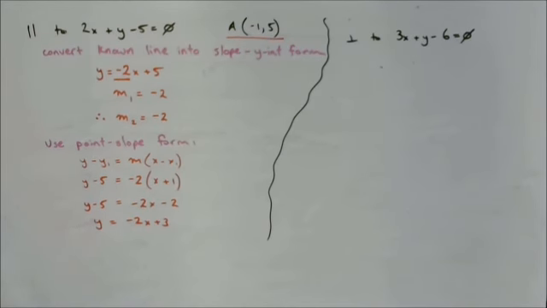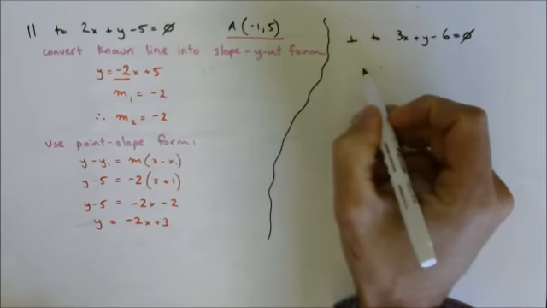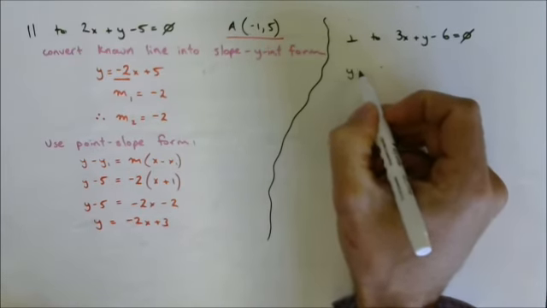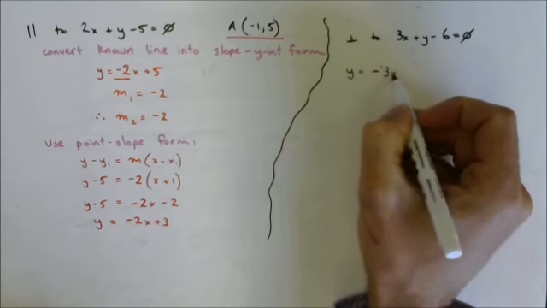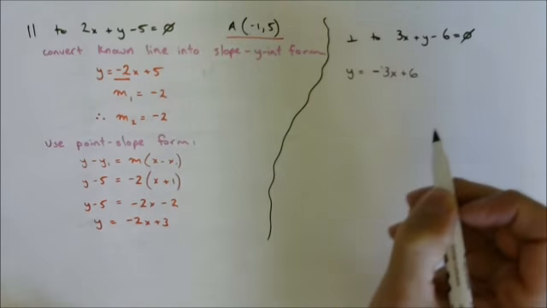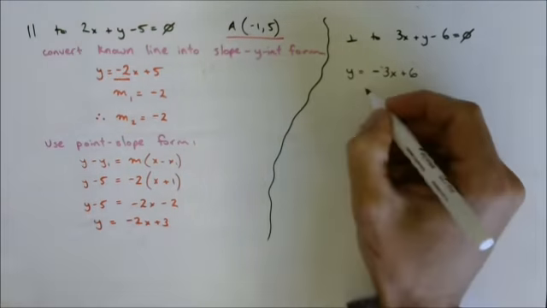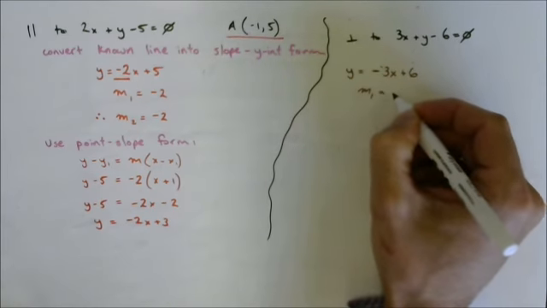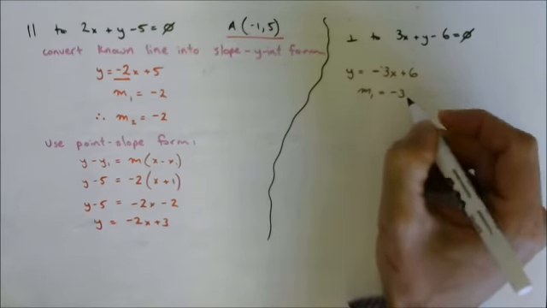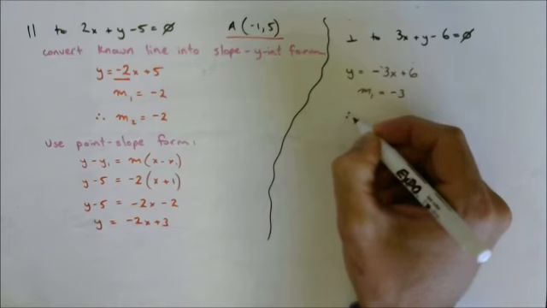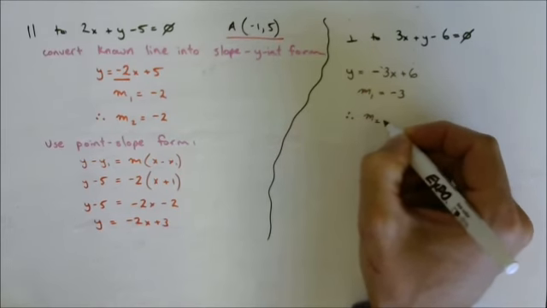But the first thing, again, we're going to be doing is converting to slope-y-intercept form. So I'm going to subtract 3x's from both sides and add 6 to both sides. That tells me that the slope of the first line is negative 3. Well, this time I'm looking for a perpendicular line.